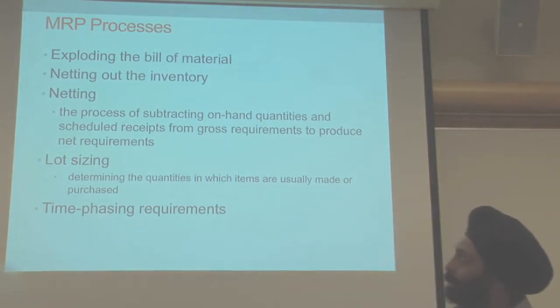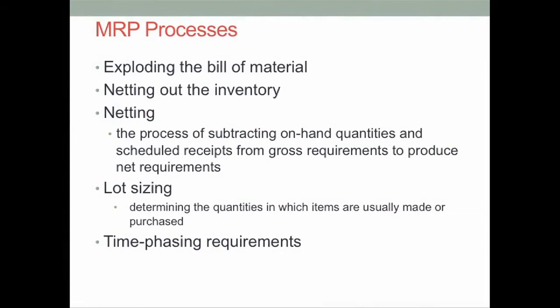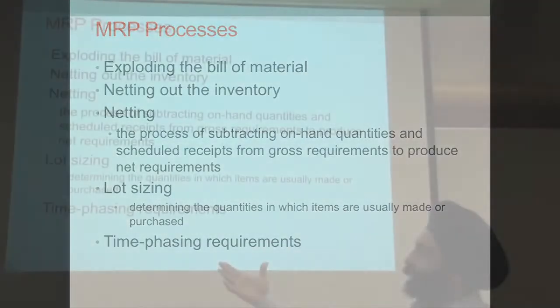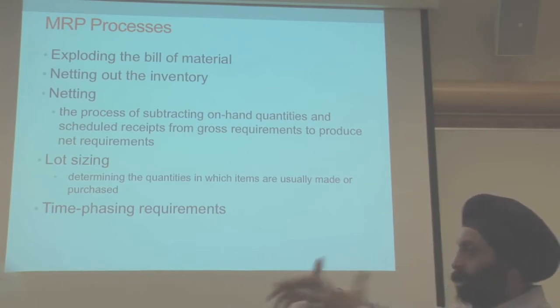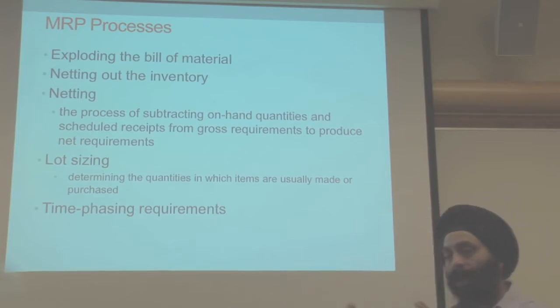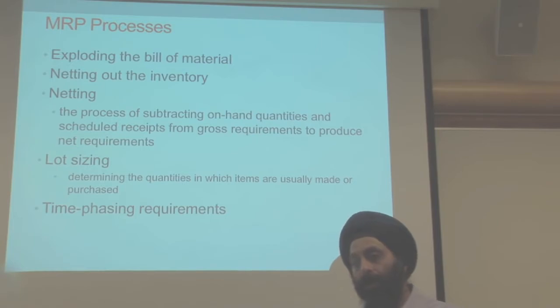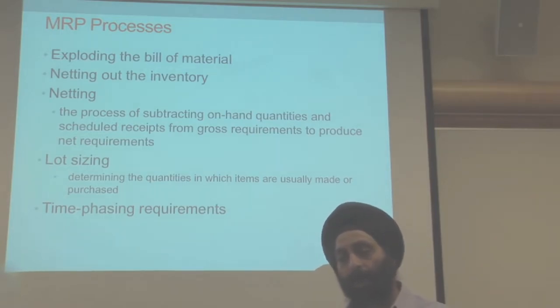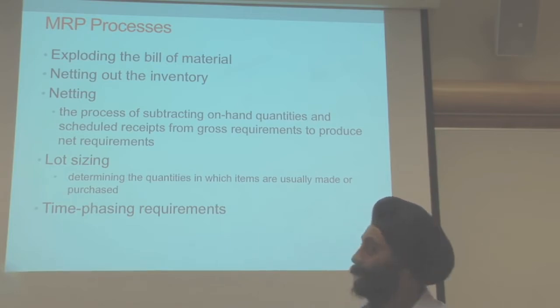Now, in terms of MRP process, with this information, we try to explode, which is expand, the bill of material. You have this final clipboard, but what are the demand and production needs on various parts?